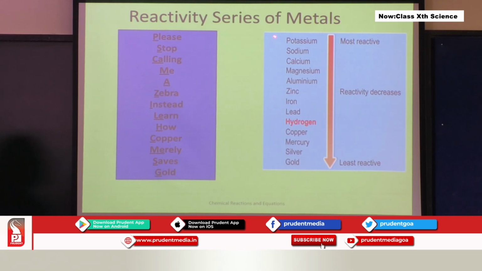P for potassium, S for sodium, Ca for calcium, M for magnesium, A for aluminium, Z for zinc, I for iron, L for lead, H for hydrogen, C for copper, M for mercury, S for silver, and gold.